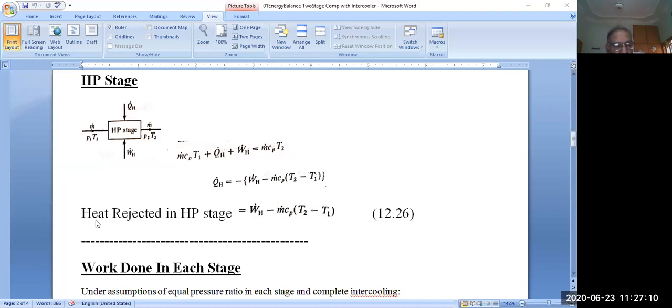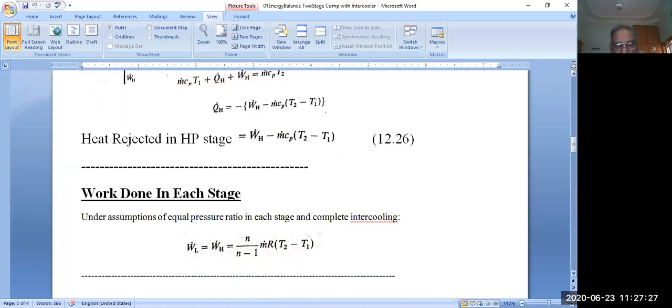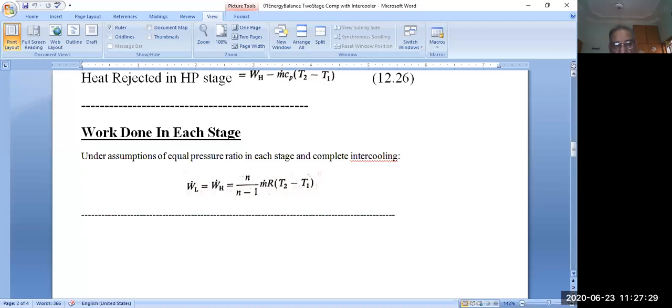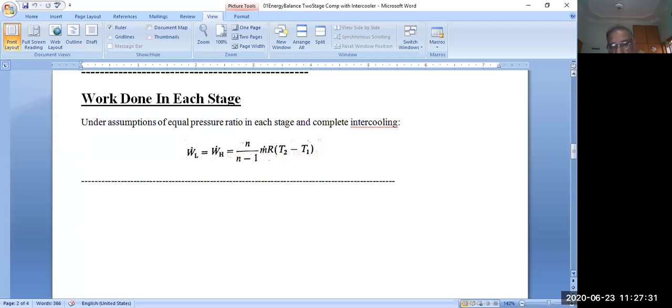So now we write the sentence: heat rejected in the high pressure stage is equal to, without the minus sign because rejected means minus, W dot H minus m dot Cp multiplied by (T2 minus T1). This is equation 1226, derived with the help of the steady flow energy equation applied on an open flow system.